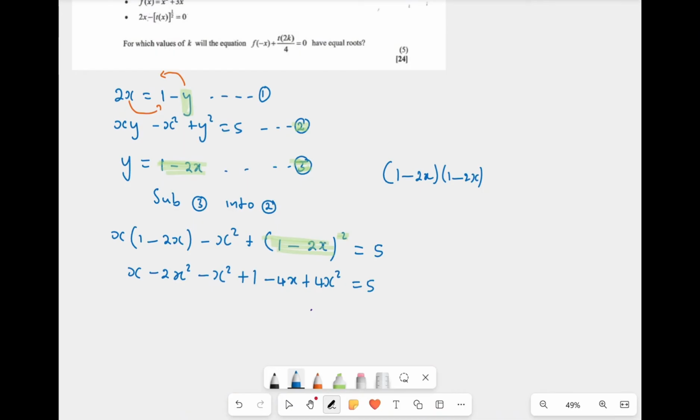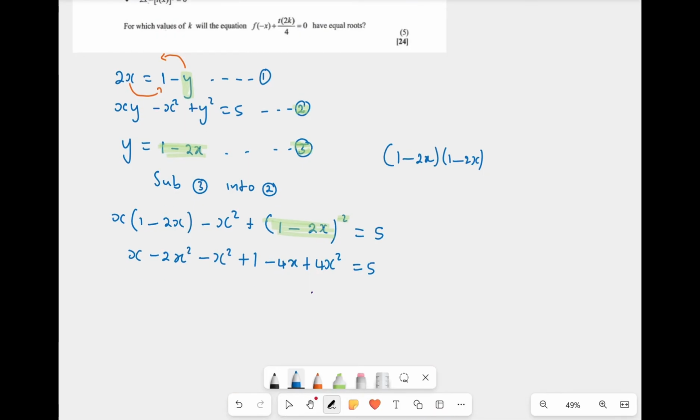Now I am going to write my equation in standard form. I will add all the like terms. Here I have 4x squared minus 2x squared minus x squared, which will be x squared.